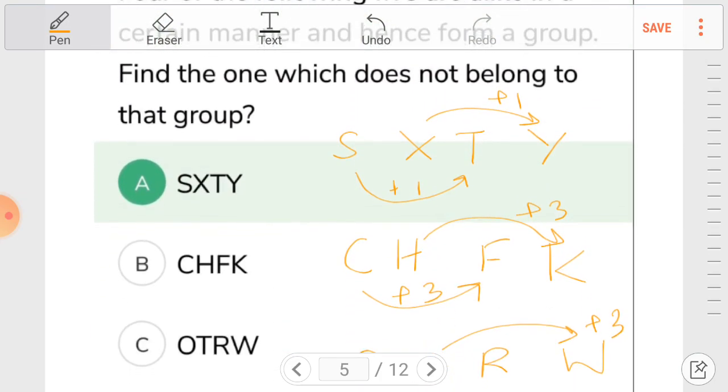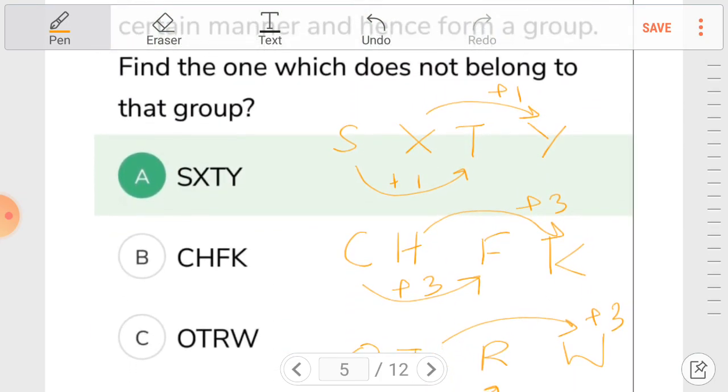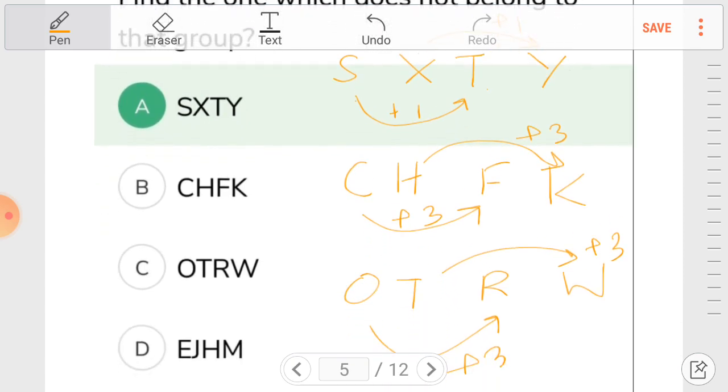So we can analyze from here that in option A, the alternate one is the next letter of the previous one. So after S, T comes, and after X, Y comes. And in the next option, the alternate letter is the third letter from the previous letter. So after C, D and E are skipped, then F is written.